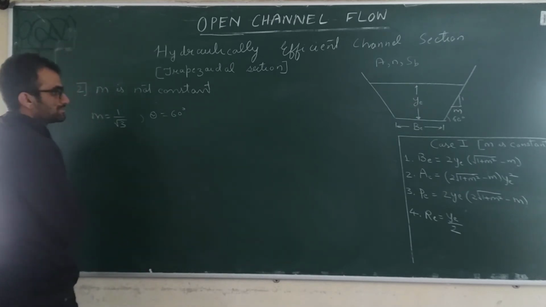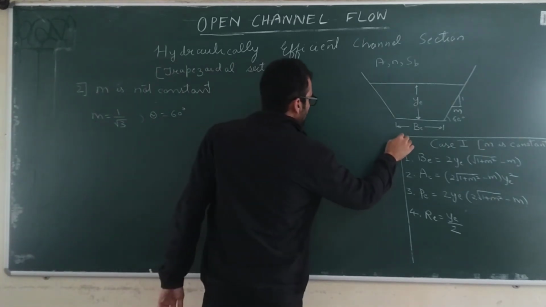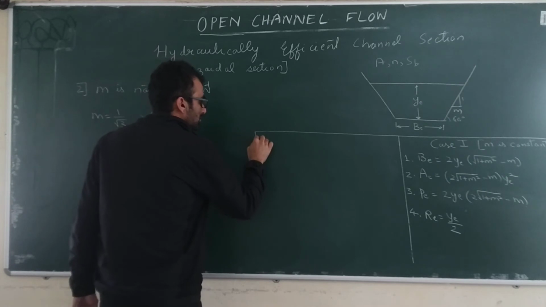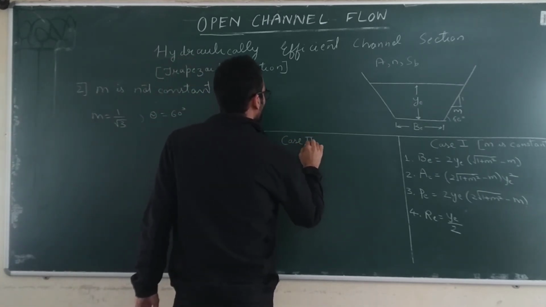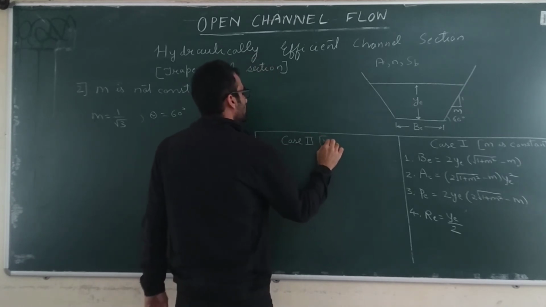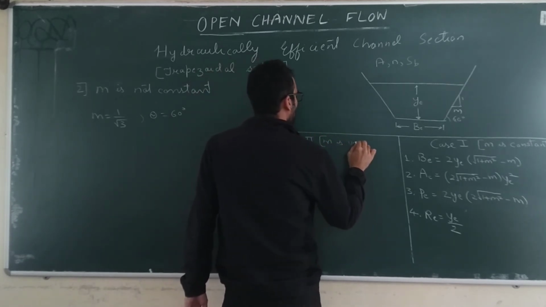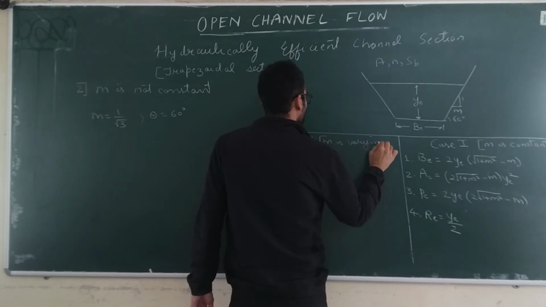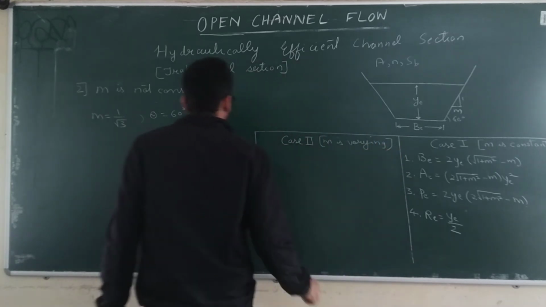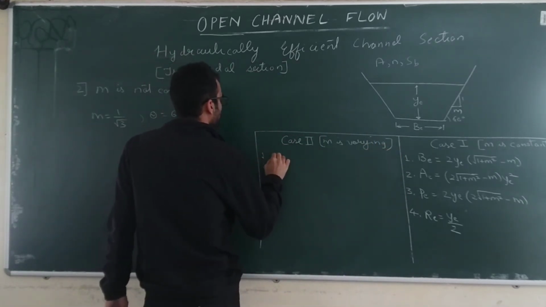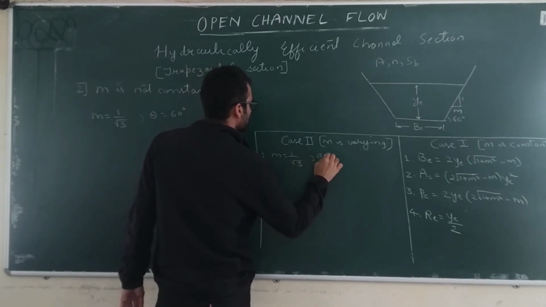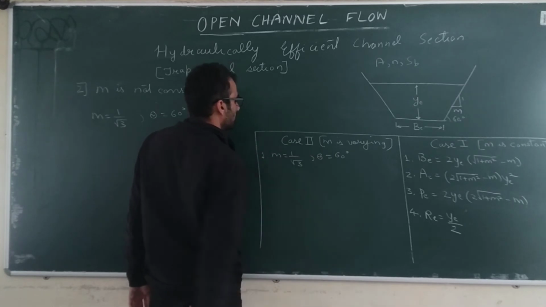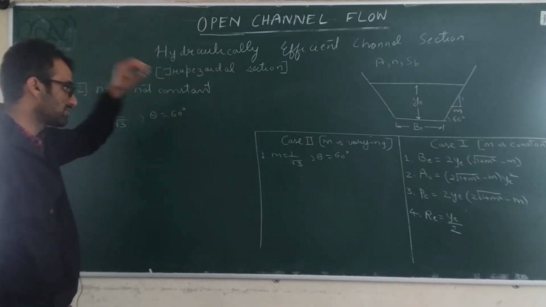For that case, we will derive the equations for case 2, where m is varying. The first criterion is that m should be equal to 1 by root 3, which means theta will be equal to 60 degrees. These are one and the same thing.